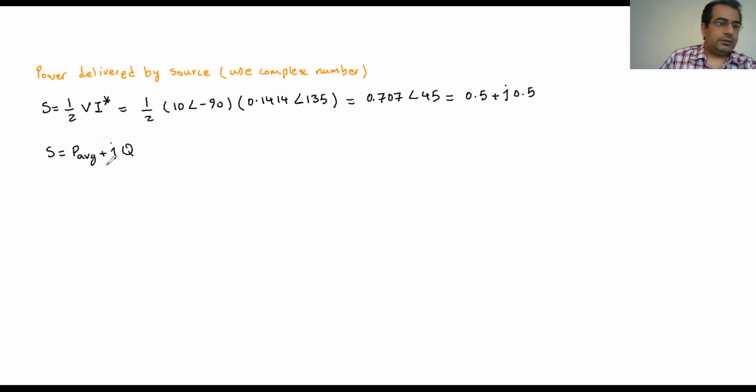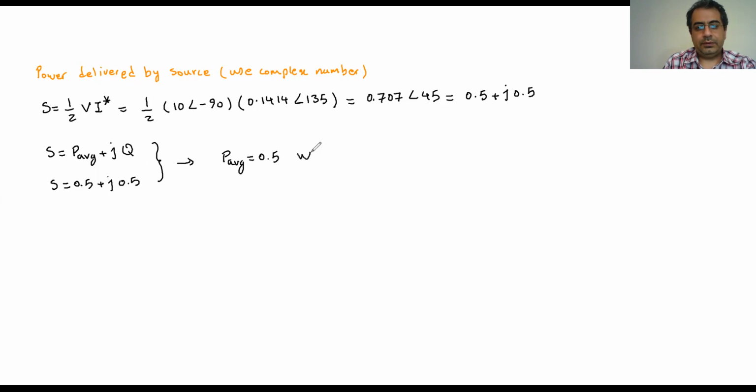So if I compare this with this one, which also has 0.5 plus j0.5, I can say the P average is 0.5 watt and the Q is 0.5 VAR.